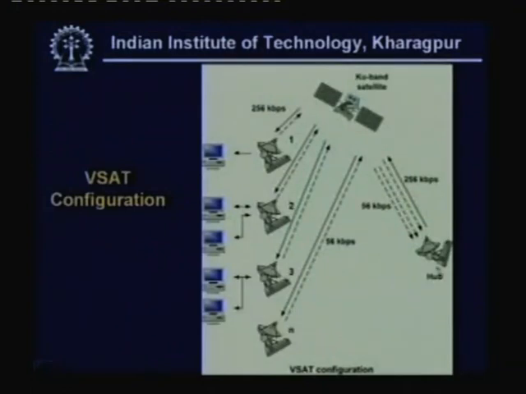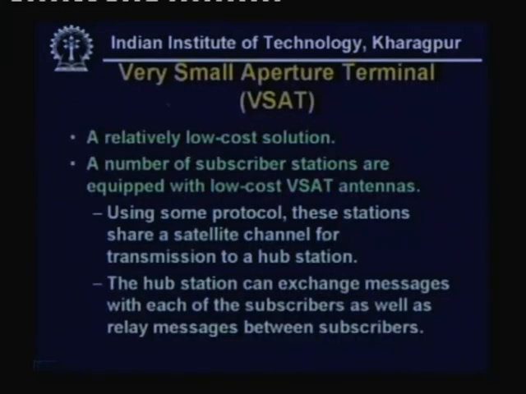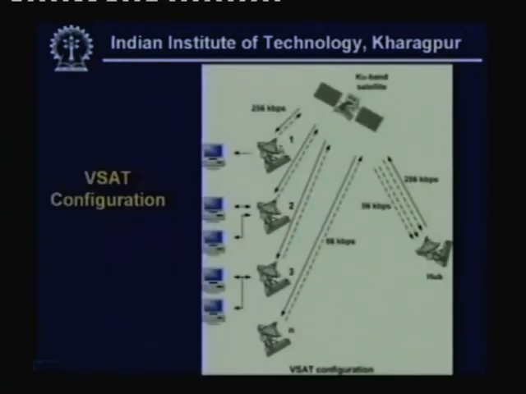This is the typical VSAT configuration, and this is the hub. Here you have got the hub, and these are the ground stations. As you can see, the size of these antennas is small. That is why the name has come. VSAT stands for very small aperture terminal. By very small aperture, we really mean the diameter of these antennas will be quite small compared to the hub.